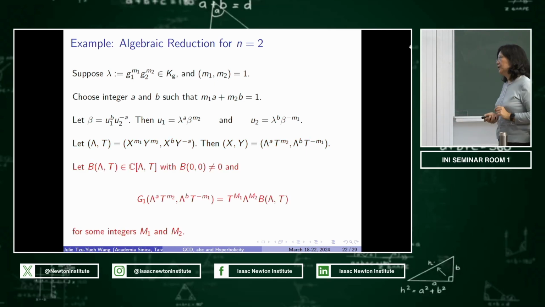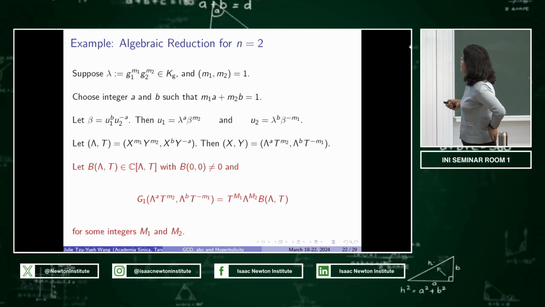And then we start to do the reduction. At first, we have G. If we have the polynomial in the affine case, we have X and Y, and you change X and Y into this new form.